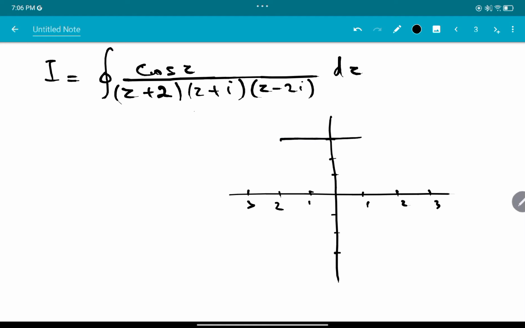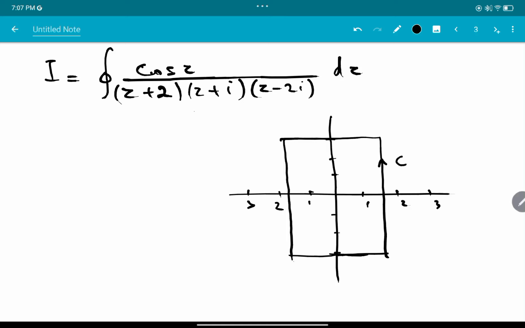It is a rectangular path that passes like this and this, and then this. This is the path. Let us call it C. A rectangular path along which we have to integrate.